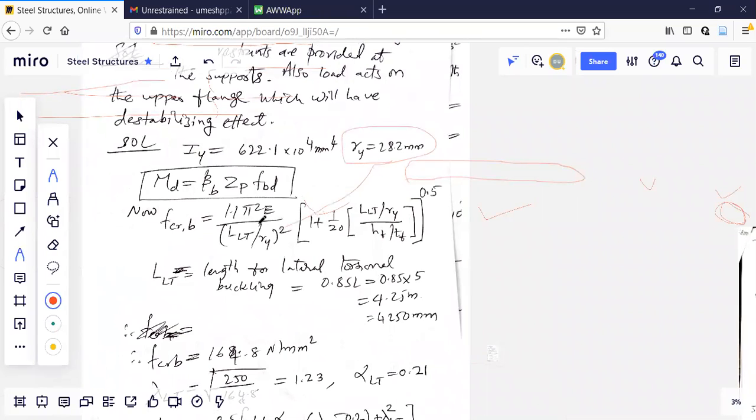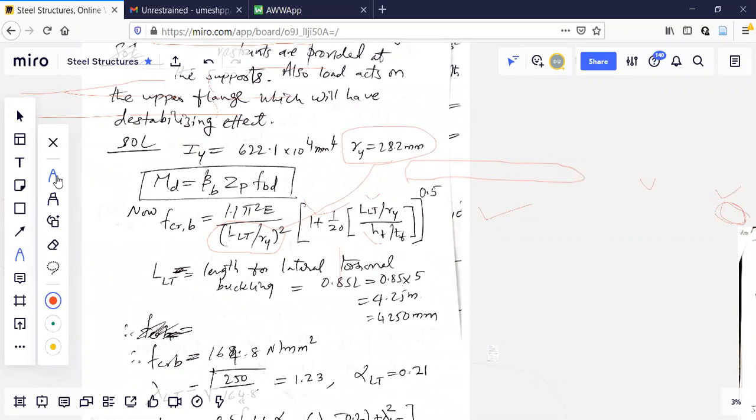Look at this formula here. It is L_LT: 4250 divided by 28.2, raised to 2. E is 2 into 10 raised to 5. Again, all are same now. Like this, you have to write it, h_f and t_f, flange thickness; h_f is the height of that.